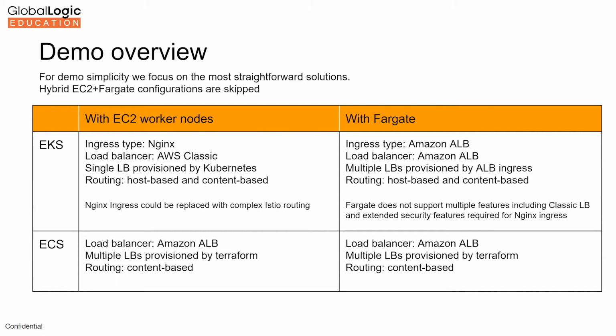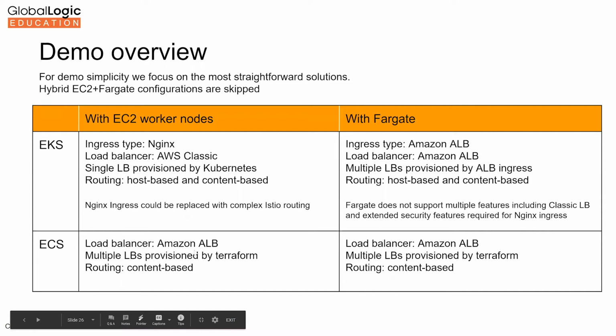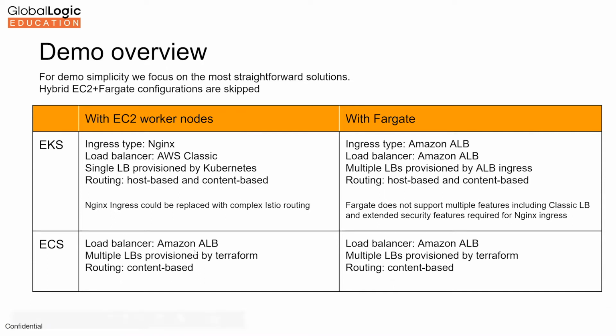And by 2 services, I mean the demo application that I've created and some canary application just to show that we can have control over canary releases or some complex deployment scenarios, like blue-green deployments or anything else. In this particular example, I'm just deploying a separate application called canary. So we'll have at least 2 load balancers per each cluster. And also with ECS, we'll have content-based routing based on the canary header. It's just part of the ELB set of rules, so it's not that complex.